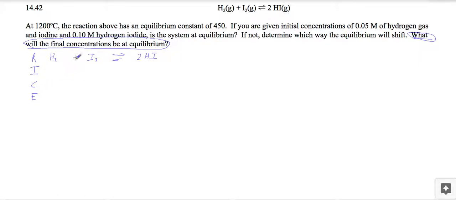So we have our concentrations, 0.05 of the hydrogen gas and iodine, and 0.1. Those are the same concentrations as before. Look at that. All right. Minus x, plus 2x, 0.05 minus x, 0.05 minus x, 2x, oops, 0.1 plus 2x.